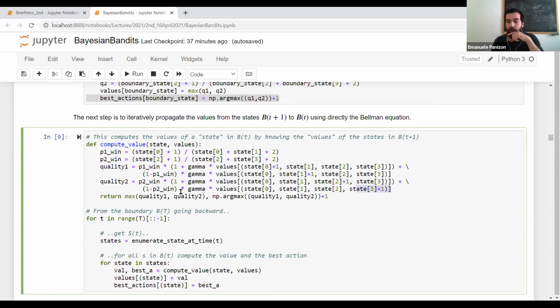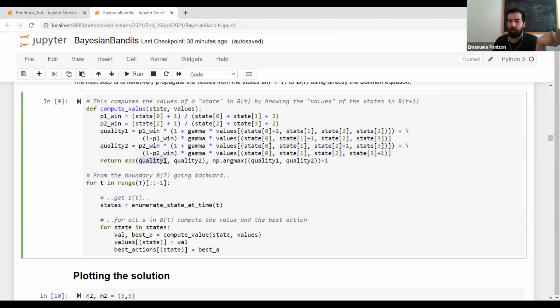Okay, so I have the quality, which means what is the cumulative discounted value of doing arm 1, and the cumulative discounted value of doing arm 2. And then of course I can compare, and I will have this information, so I can decide what is the best one between 1 and 2, and what is the arm I should pull.